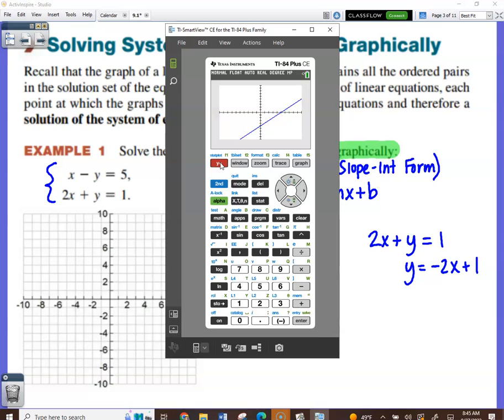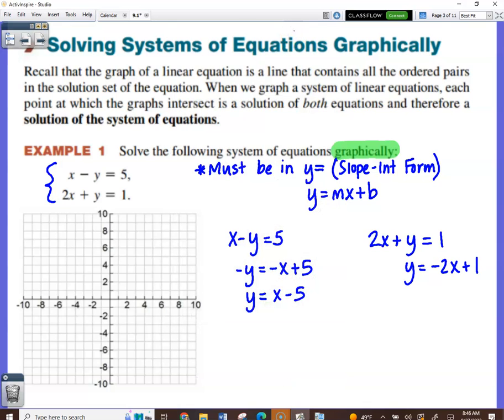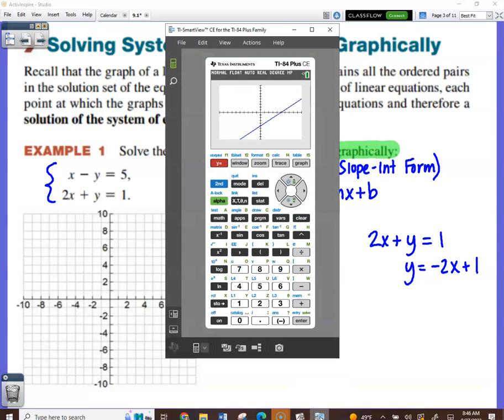Oh, hold on, technical difficulties. My calculator's wigging out right now. I don't understand. Okay, did you see the intersection of the two lines? Did you see both of them pop up? Stand by for one second.